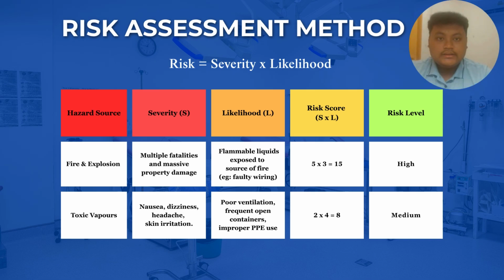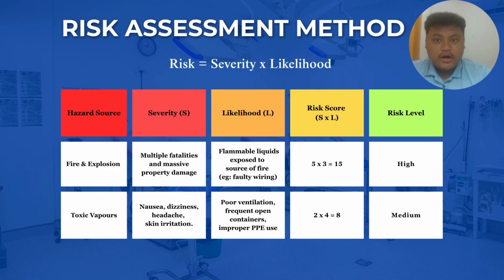In this risk assessment method table, the risk score can be calculated through the formula severity times likelihood. The first hazard source, fire and explosion, can make a huge impact, such as multiple fatalities and massive property damage. Flammable liquid has a medium tendency of exposure to a source of fire, such as faulty wiring.